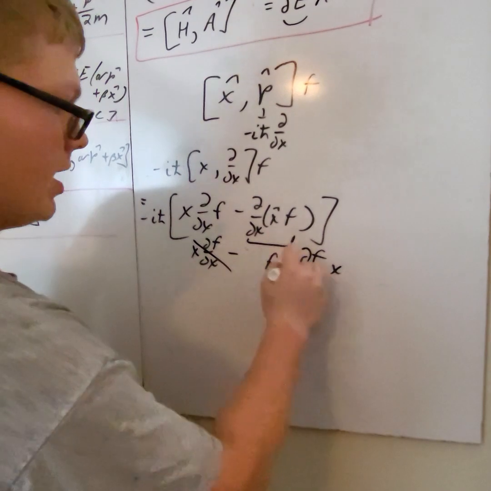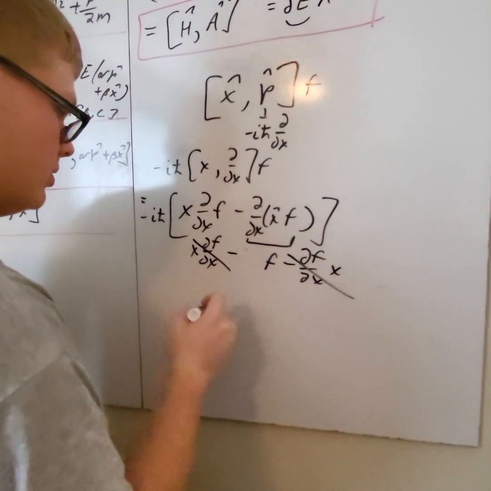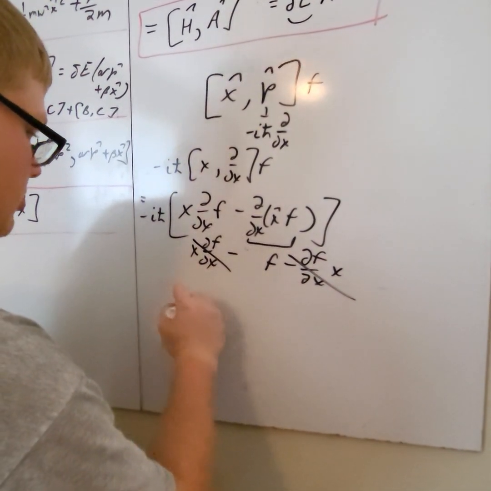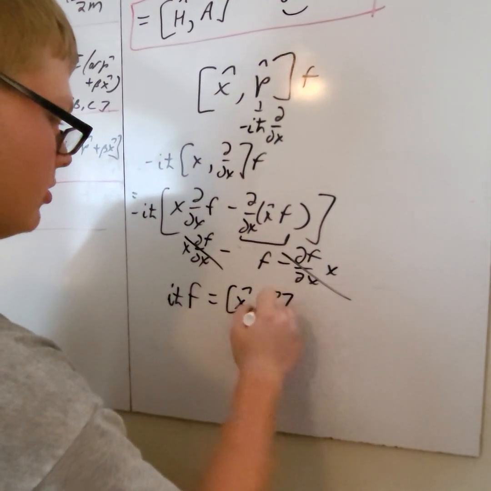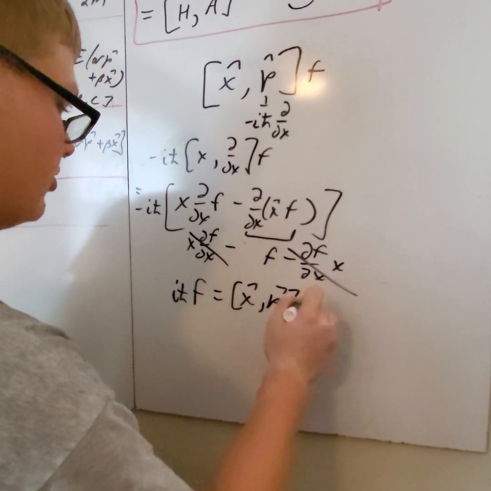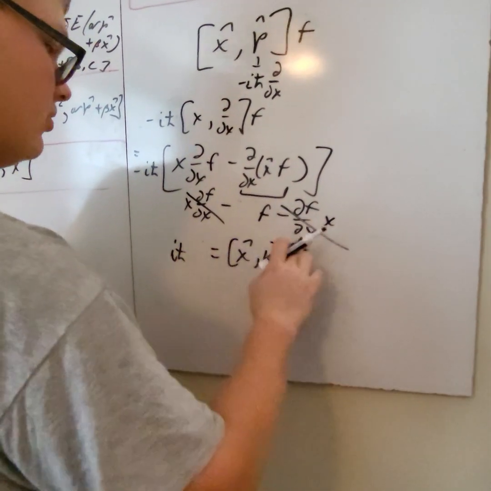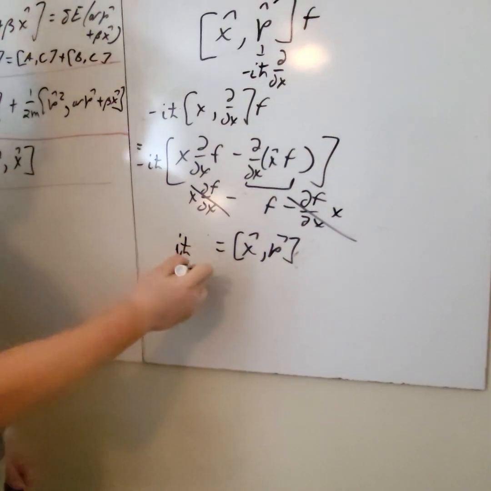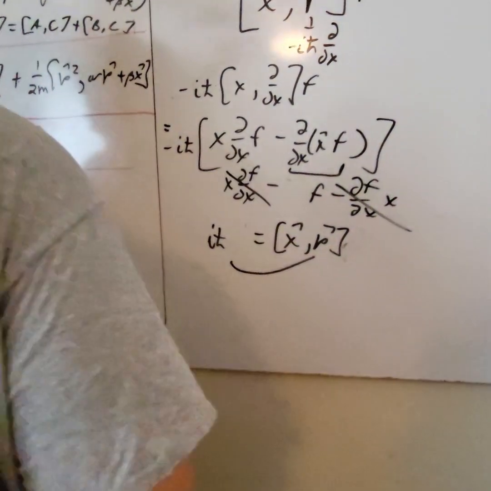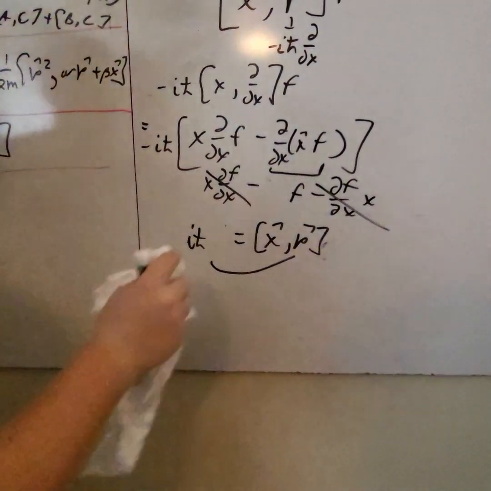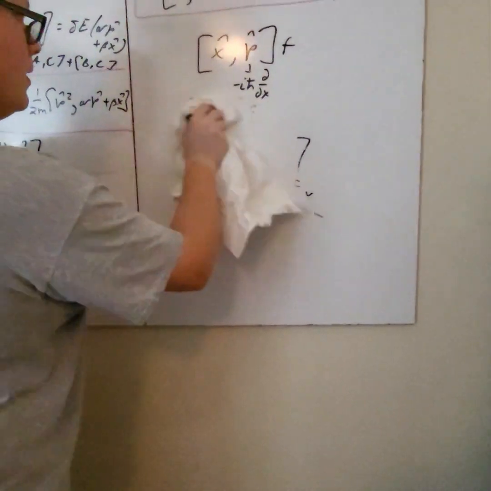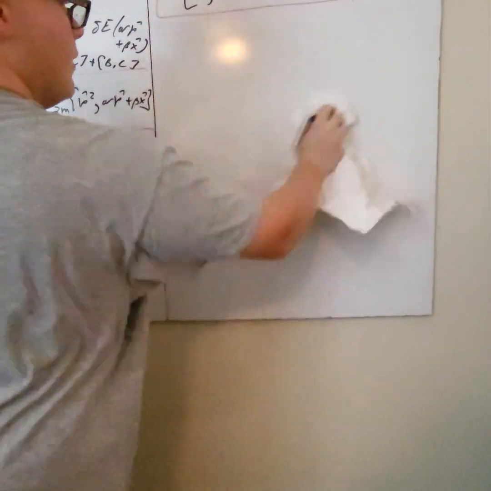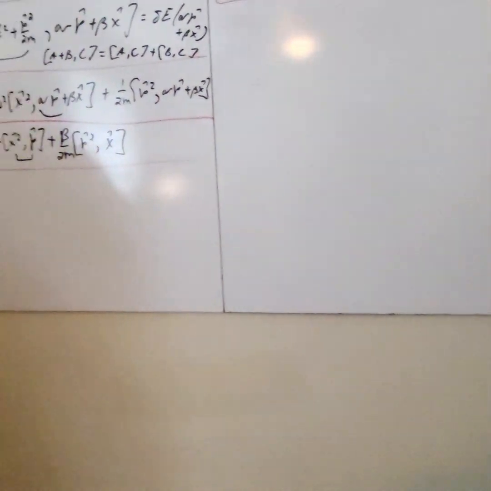Well, those cancel out because those are equal to one another, and you're left with iħ f equals the position operator commutator with the momentum operator times f. Well, you can get rid of the test function now, and you're left with that. So back to our problem.